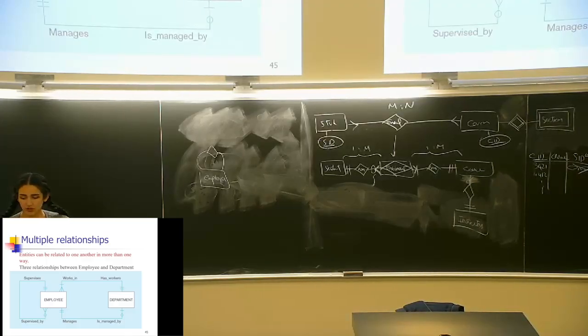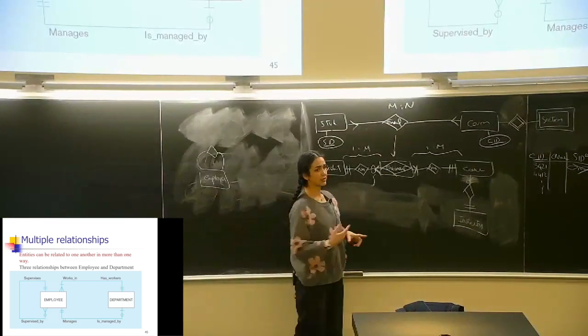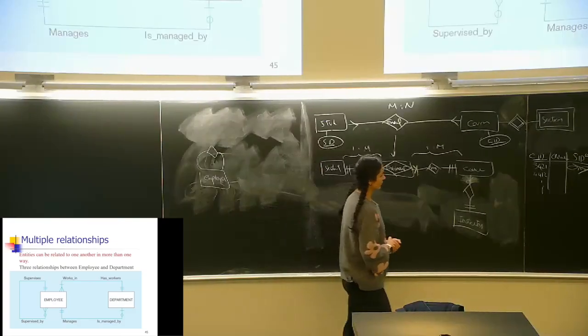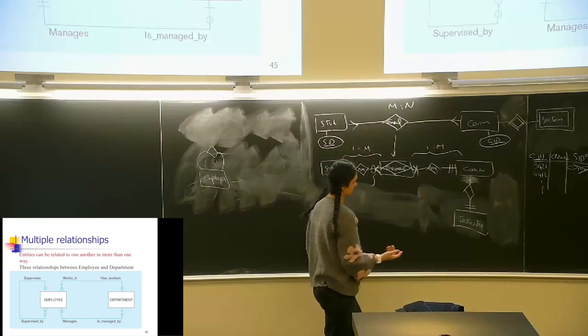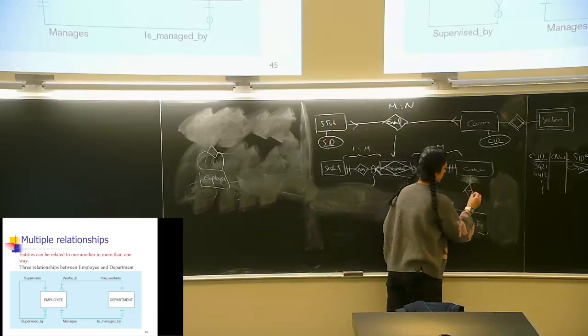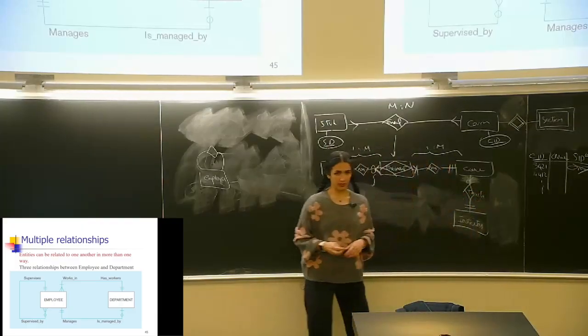How many relationships exist between employee and department? Two, right? Sometimes two entities can have more than one relationship. For example, here, course and instructor had only one relationship, right?